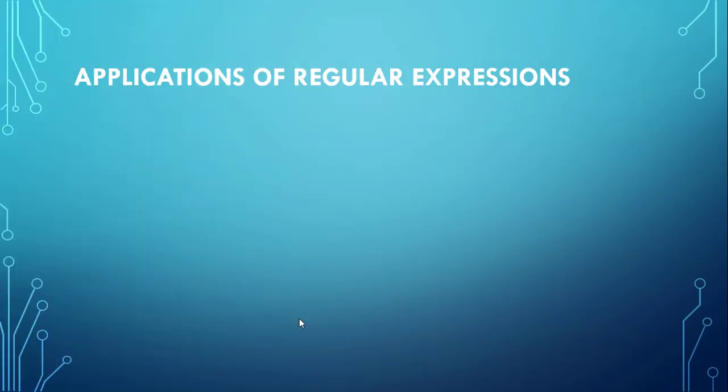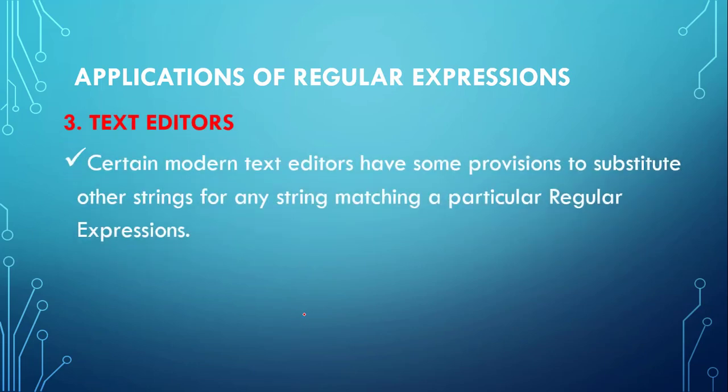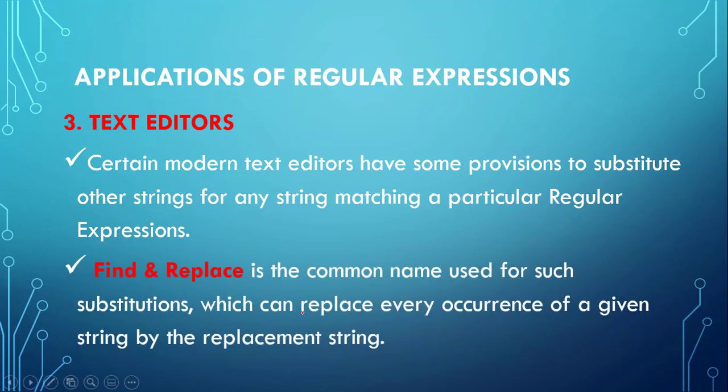The next application of regular expression is text editors. Here the Control H functionality, that is the find and replace functionality of text editors, makes use of regular expressions. Here we find all the occurrences of the search pattern and replace them with the string given in the replace text box.